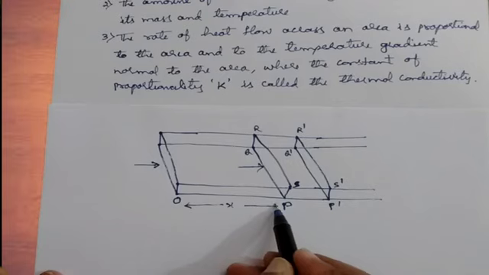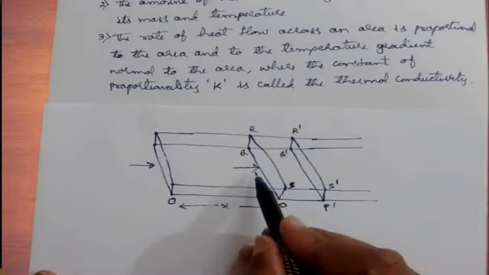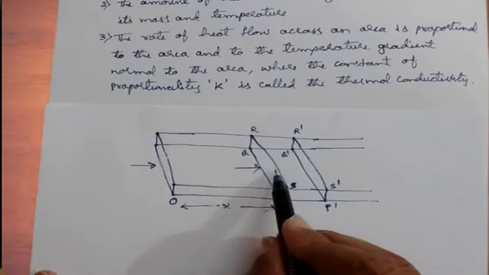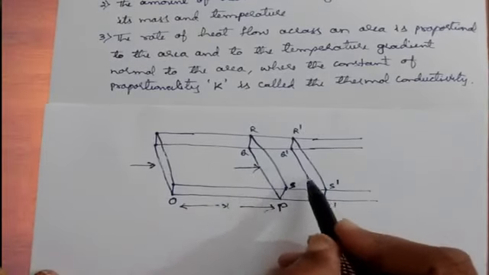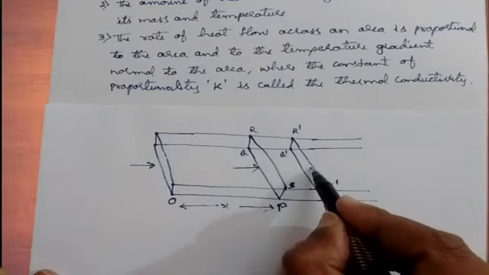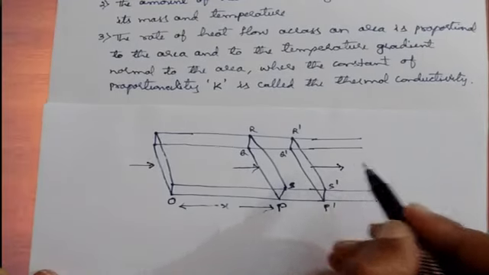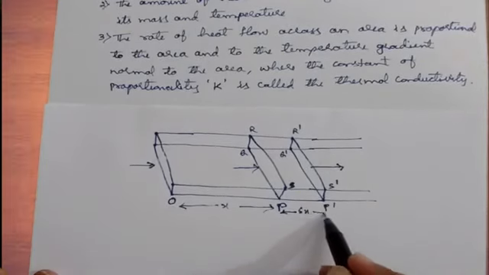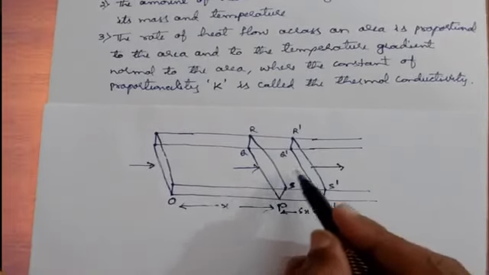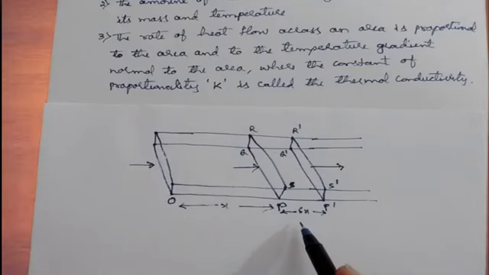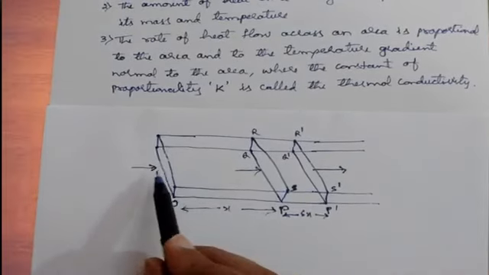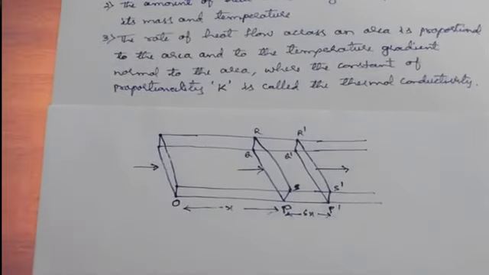Again the heat moves from the slab and reaches this second cross section, and the heat comes out of this rectangular slab. Let this distance be delta x. From the first cross section to the second cross section, I am taking the distance to be delta x.